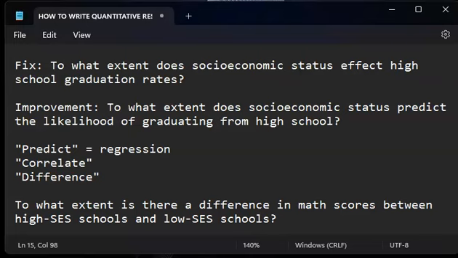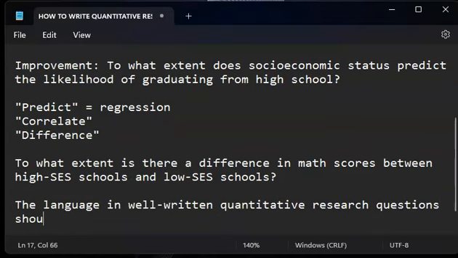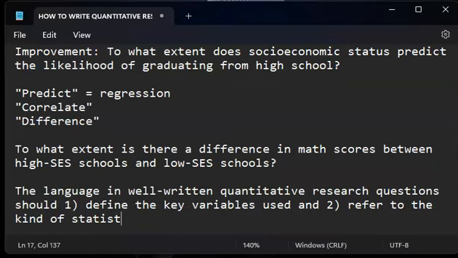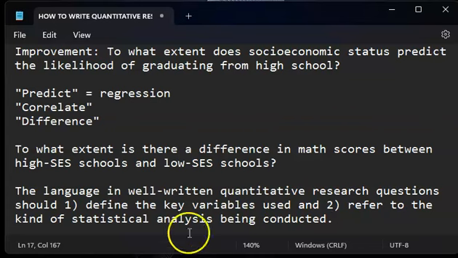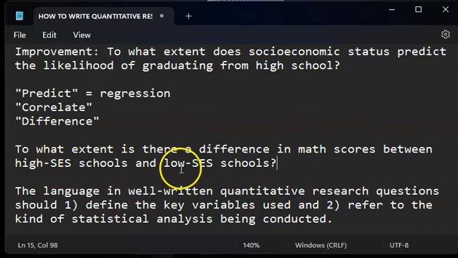But the key thing that I want to get across here is that the language in well-written quantitative research questions should define the key variables used and refer to the kind of statistical analysis being conducted. If I'm looking at this question, to what extent is there a difference in math scores between high SES schools and low SES schools?